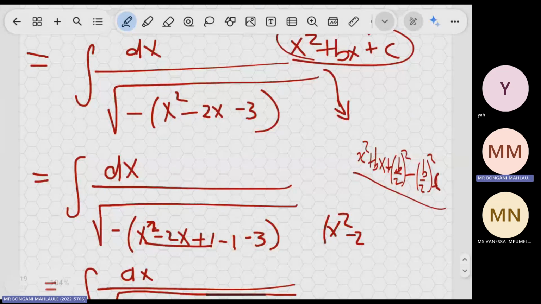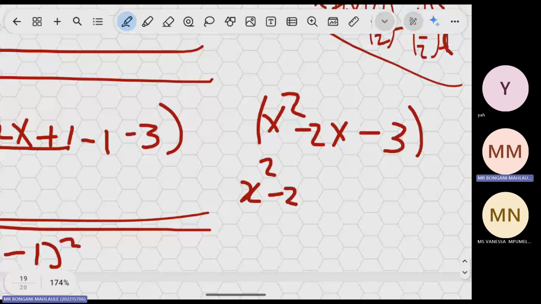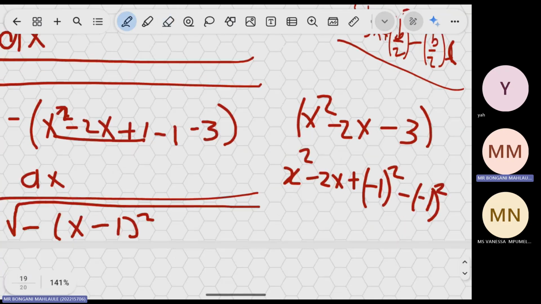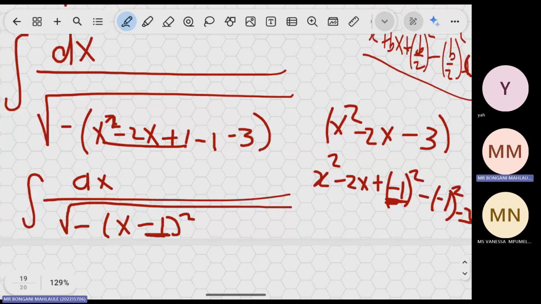Let me show you. Remember, we're having this now. Then I apply negative 2 divided by 2, which will be negative 1, all squared, minus negative 1 all squared, minus 3. So I'm taking that negative 1 and using it as our factor.